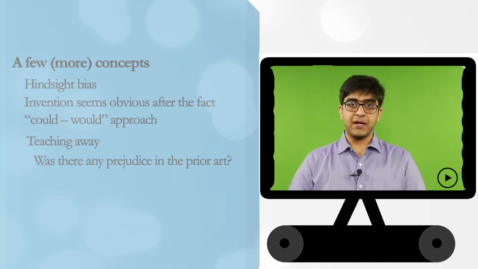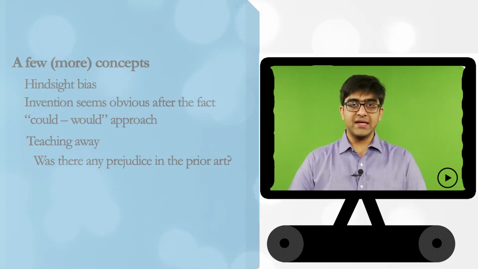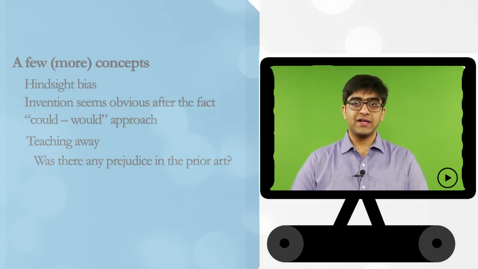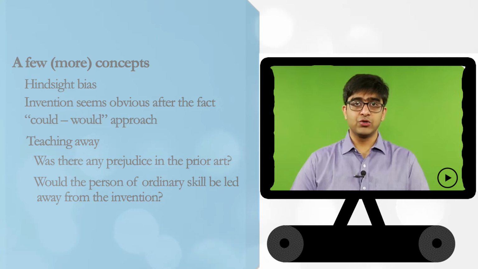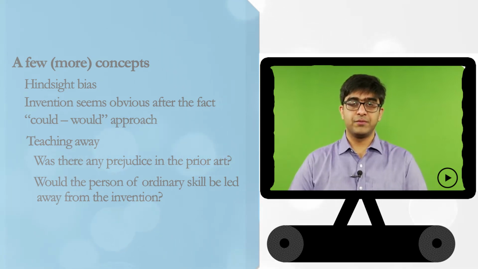It says that a prior person has already worked on a particular solution and it seemed not to work for him. This would not incentivize a person skilled in the art who is working on the same problem to try out that solution. Patent law rewards such people who, despite such prejudices, try out these solutions and make them successful.